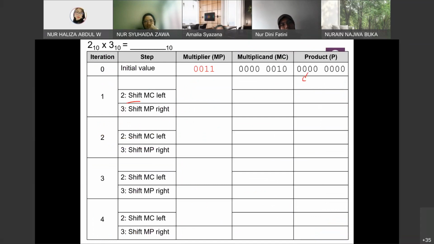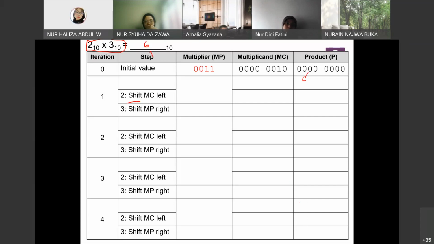If you know 2 times 3, you know the answer, it is 6. Correct, right? This is 6 for the answer. You can directly put the answer here.